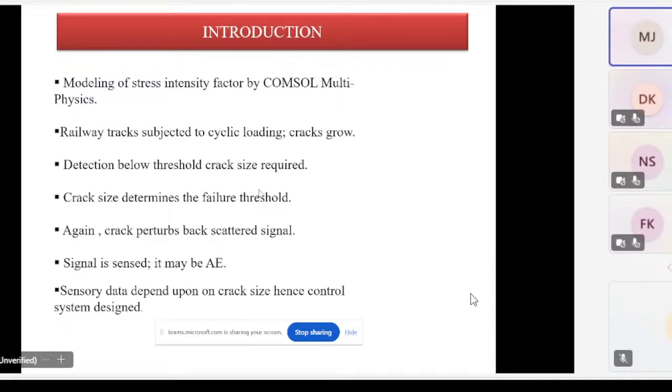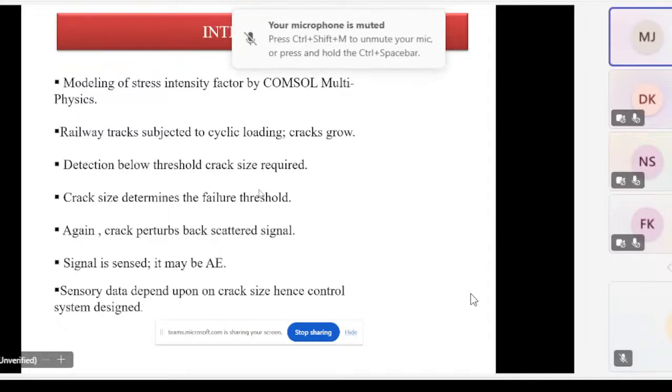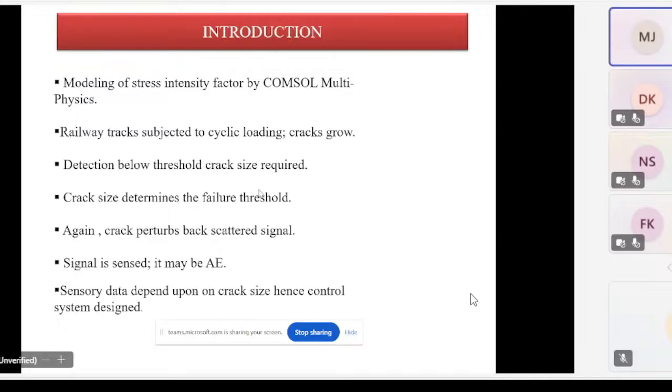I just want to demonstrate how we use this to know the failure propensity of a particular component, or to understand its residual life, which is very pertinent to any engineering activity.